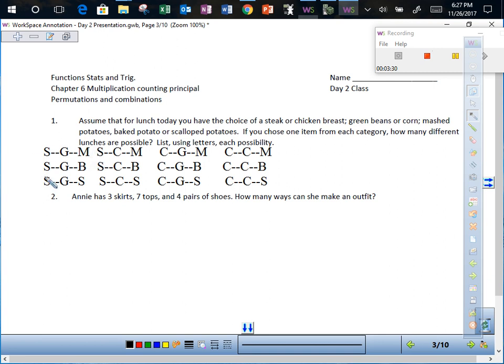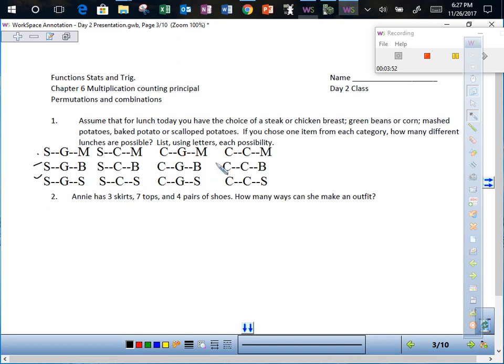You could pick a steak, green beans, and then a baked potato, or steak, green beans, and then scalloped potatoes. Notice I've already got 3 different meals. Now, you could also go with the steak, corn, mashed potatoes, steak, corn, baked potato, steak, corn, and scalloped potatoes. So I just added another 3 meals. So I'm up to 6 already.